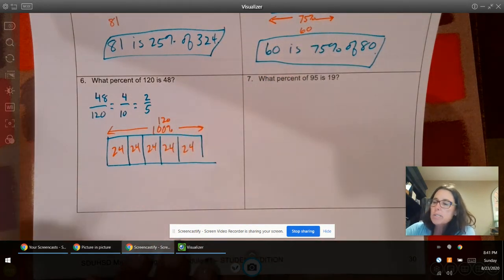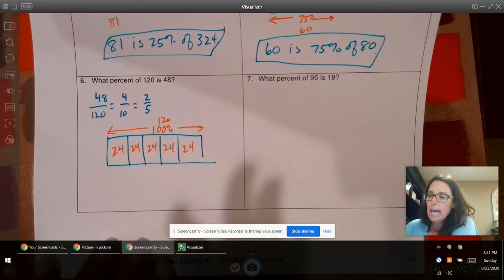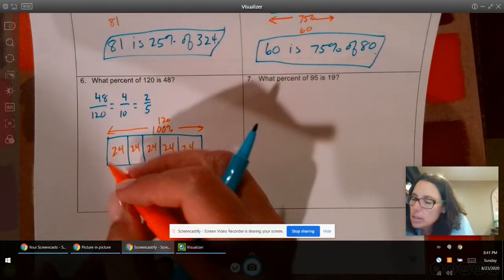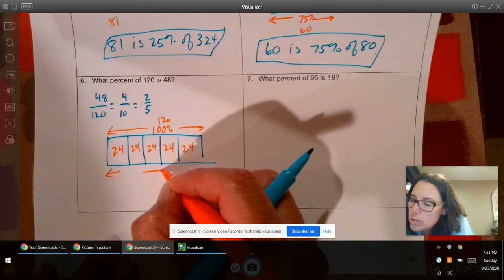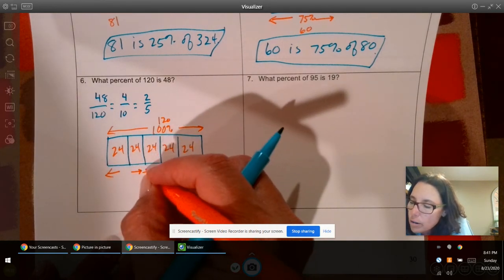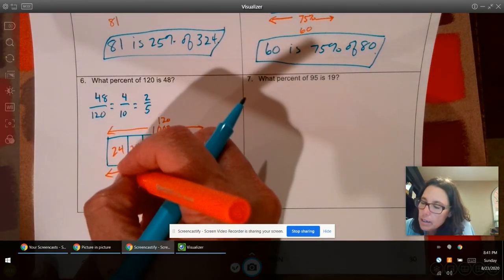Here's where it was different than the first 3. We want to look at 48. Well, 48 is, let's see, oopsies, I'm going too far. Scratch that. So 48's right here.